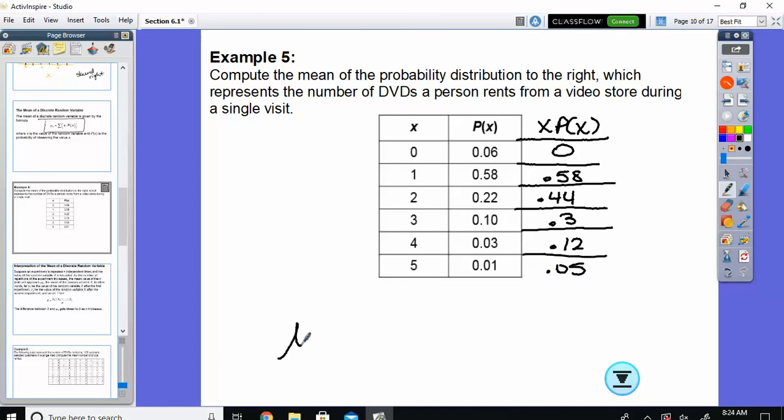And so then to get our mean, you add all those up. And so we get 1.22, is that about right? Yeah, 1.49. Where did I mistype? Oh, yep, I left off one. 1.49.